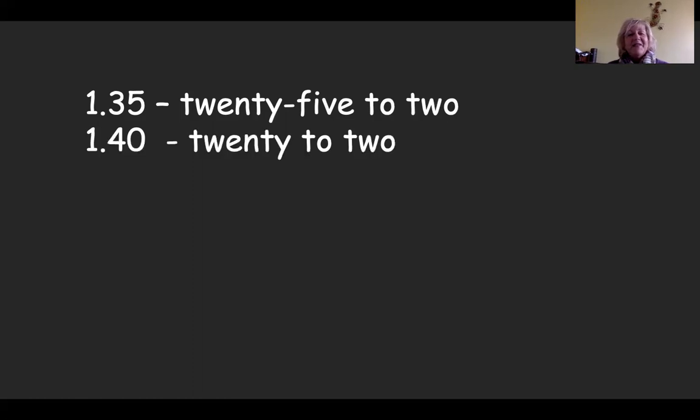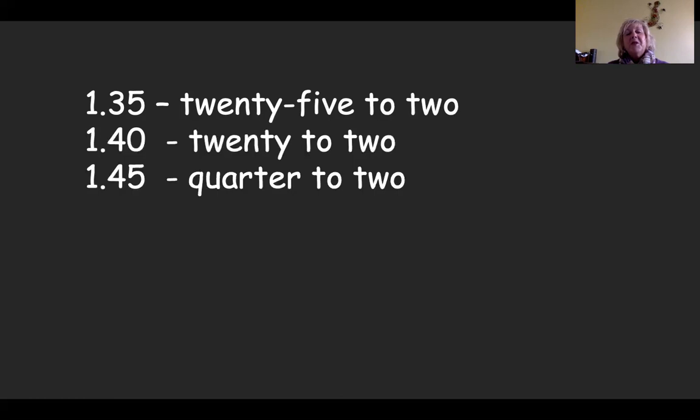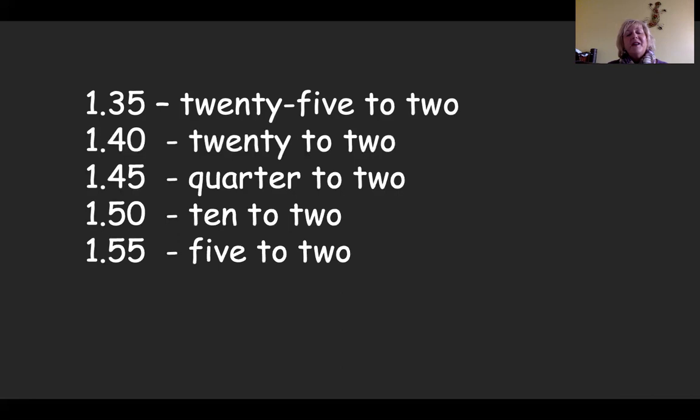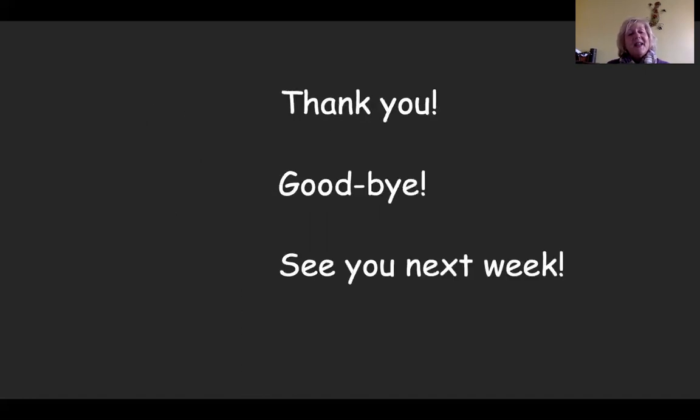I think that's quite difficult to say. 1:45 or quarter to 2. 1:50 or 10 to 2. 1:55 or 5 to 2. By the way, this is very British English I'm teaching, because I know in America they say 20 before or something else. So this is strictly British English.